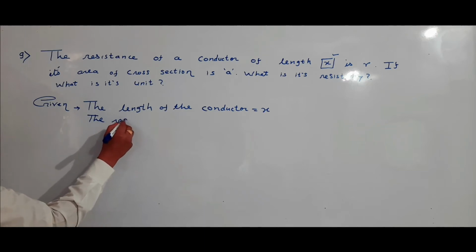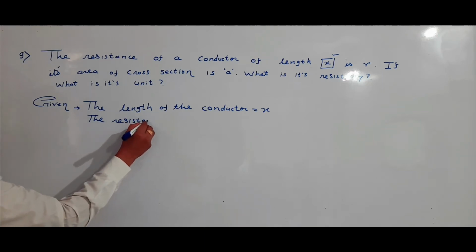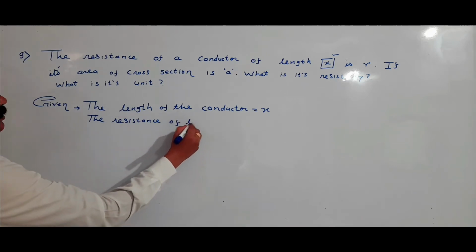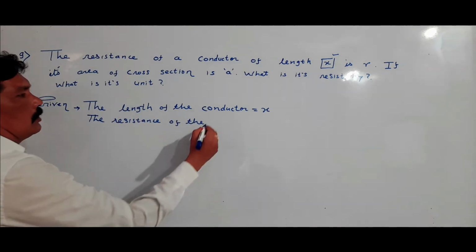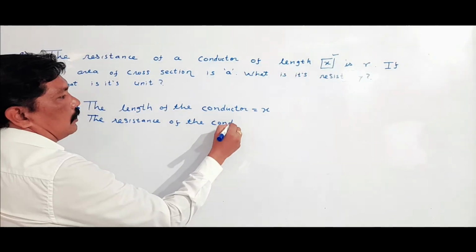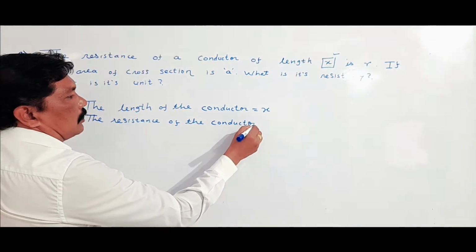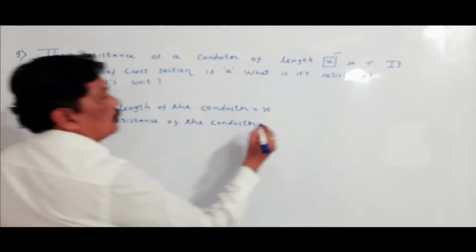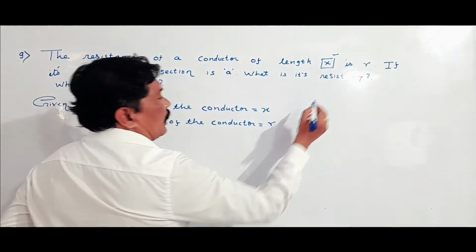The resistance of the conductor is equal to small r.